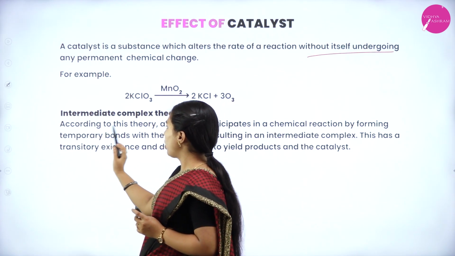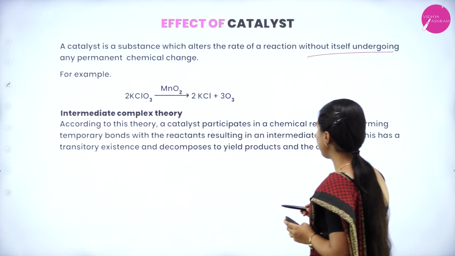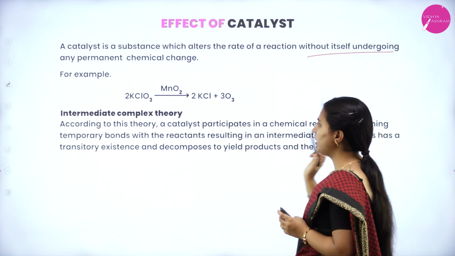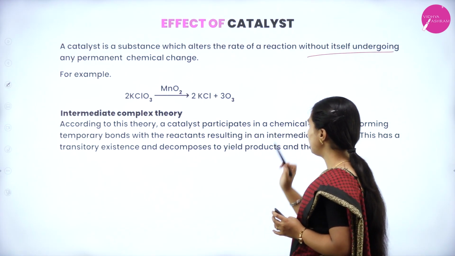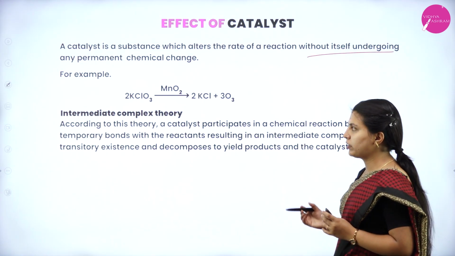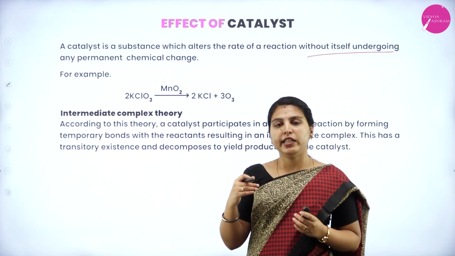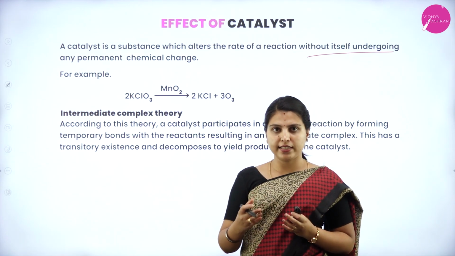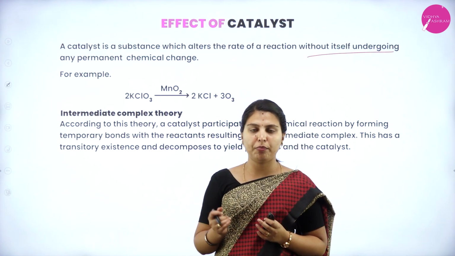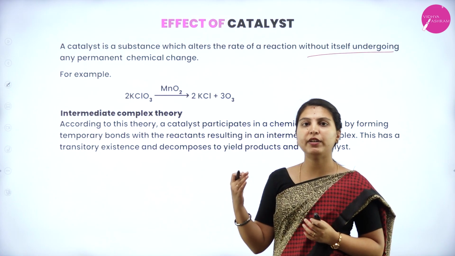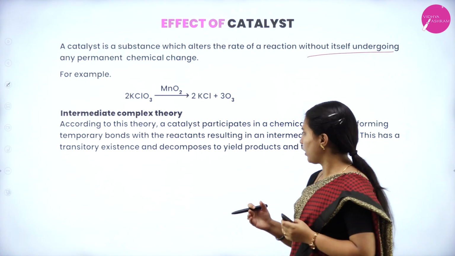Intermediate complex theory. According to this theory, a catalyst participates in a chemical reaction by forming temporary bonds with the reactants, resulting in an intermediate complex. How will it form an intermediate complex? It will form bonds as an unstable intermediate complex, and later it will lead to the stable product.